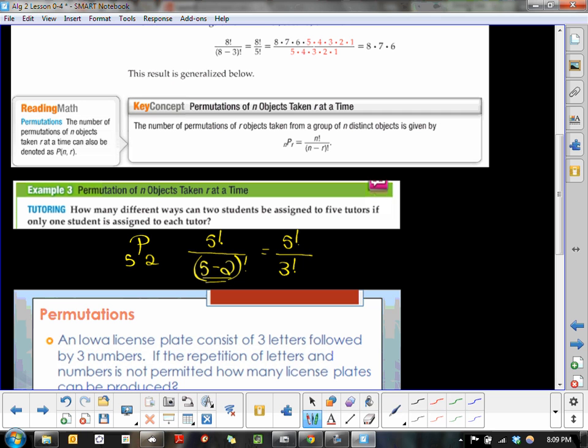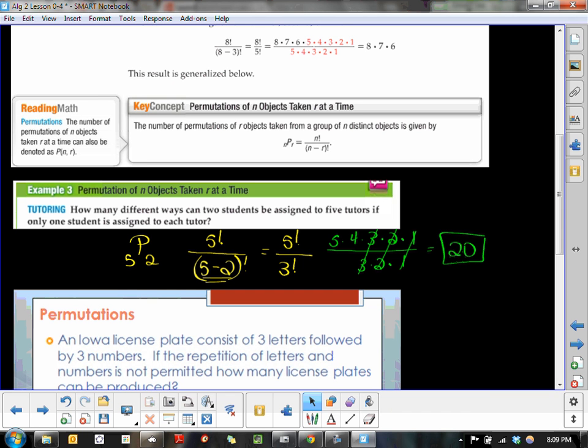And now remember what factorials mean. If you have 5 factorial, it means you have 5 times 4 times 3 times 2 times 1. 3 factorial says you have 3 times 2 times 1. In the end, your 3's will reduce, your 2's will reduce, your 1's will reduce. There are 20 ways.